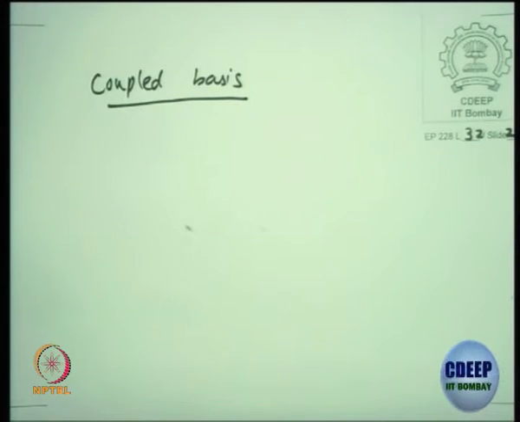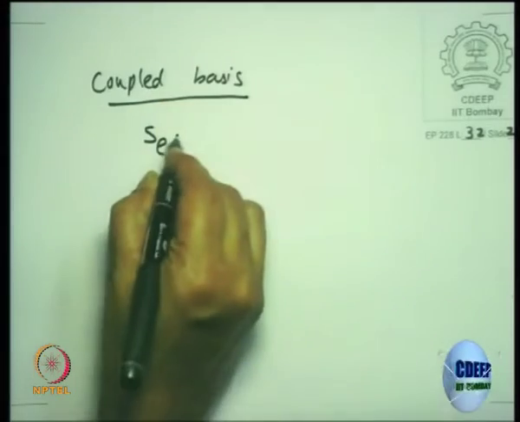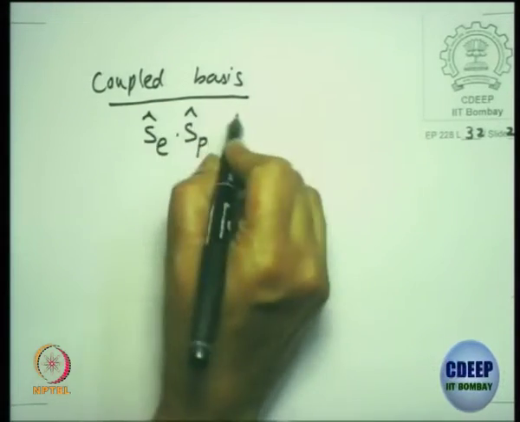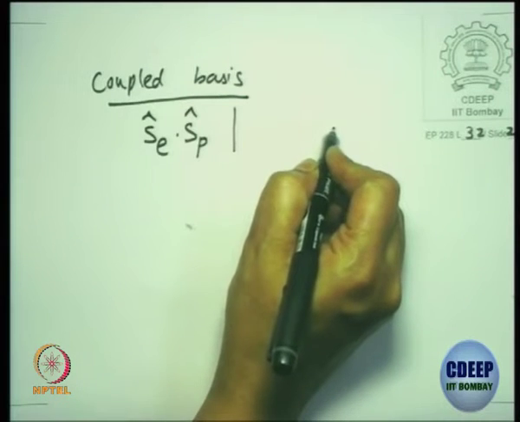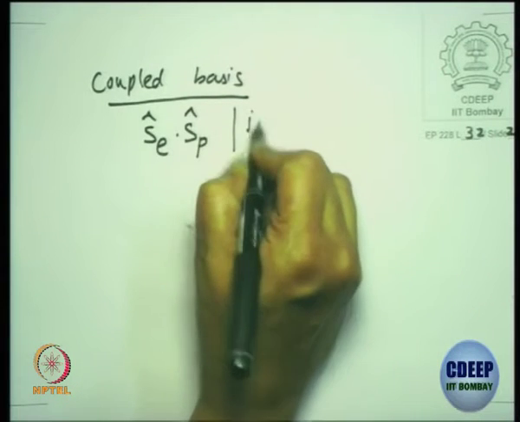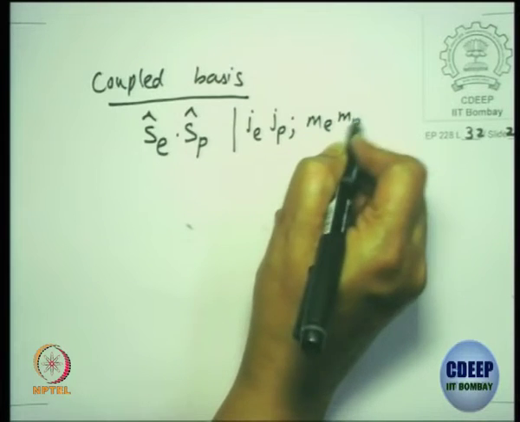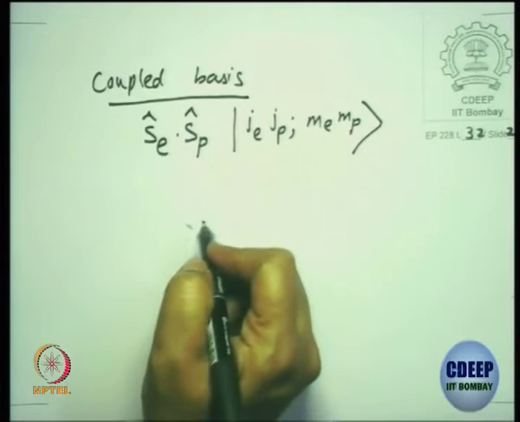In the problem which you did, you know the uncoupled basis is not an eigenstate of L dot S, right? I am sure you would have checked this. If you did for the proton-electron system, you had taken Sp dot Se, and if you try to operate on the uncoupled state, |J electron, J proton, M electron, M proton>, was it an eigenstate?